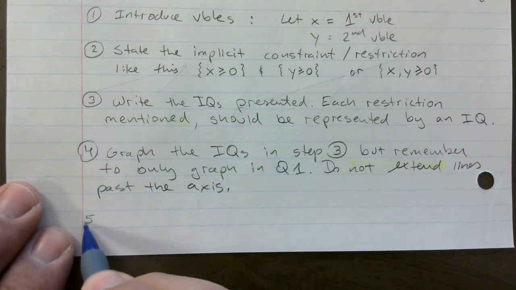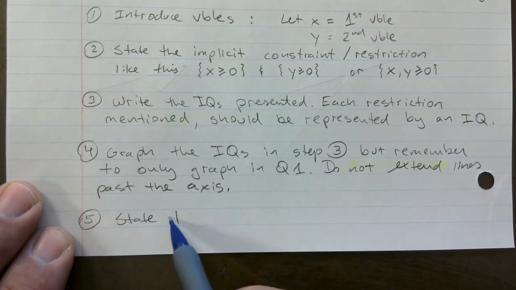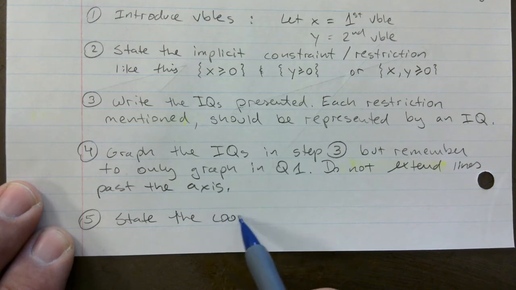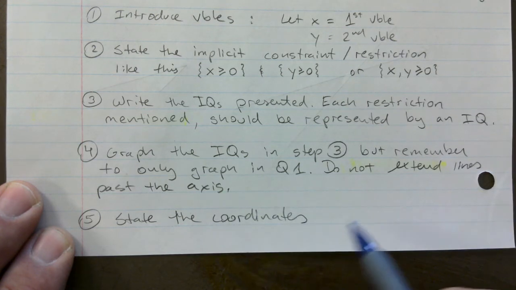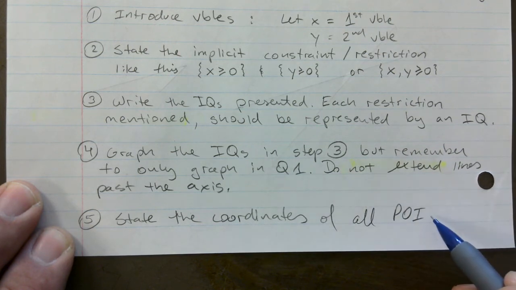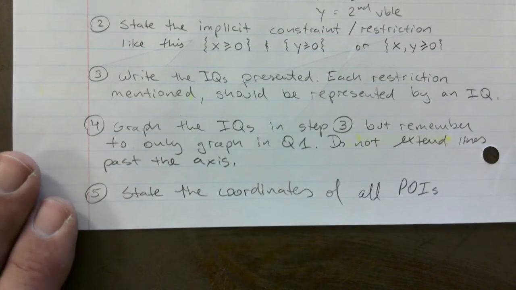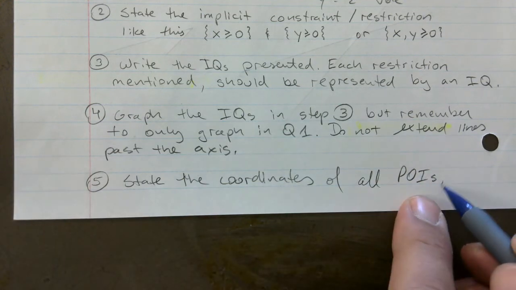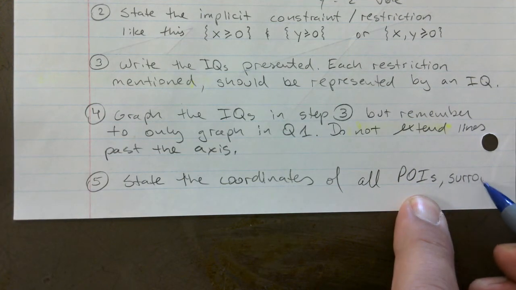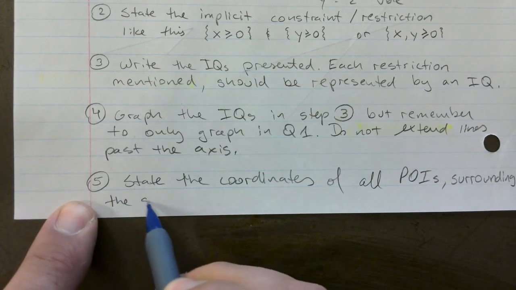5th point, state the coordinates of all points of intersections. And I will say this, surrounding the solution.